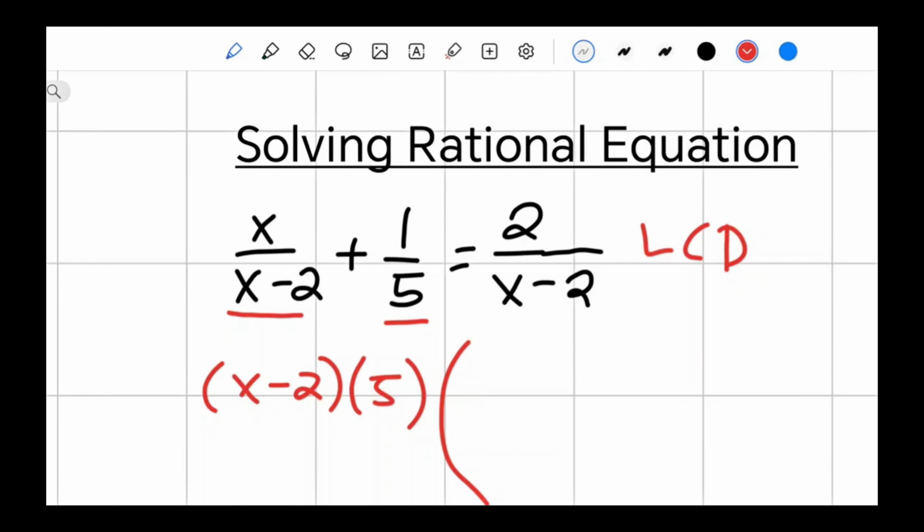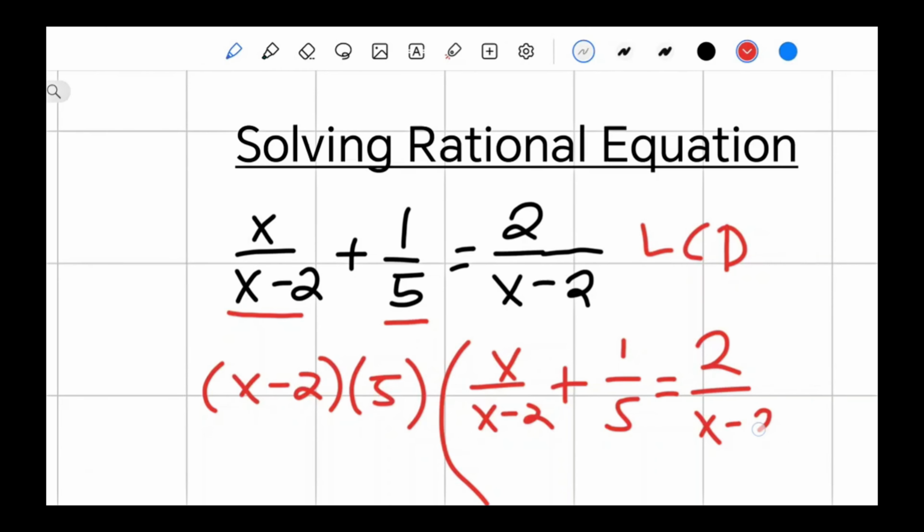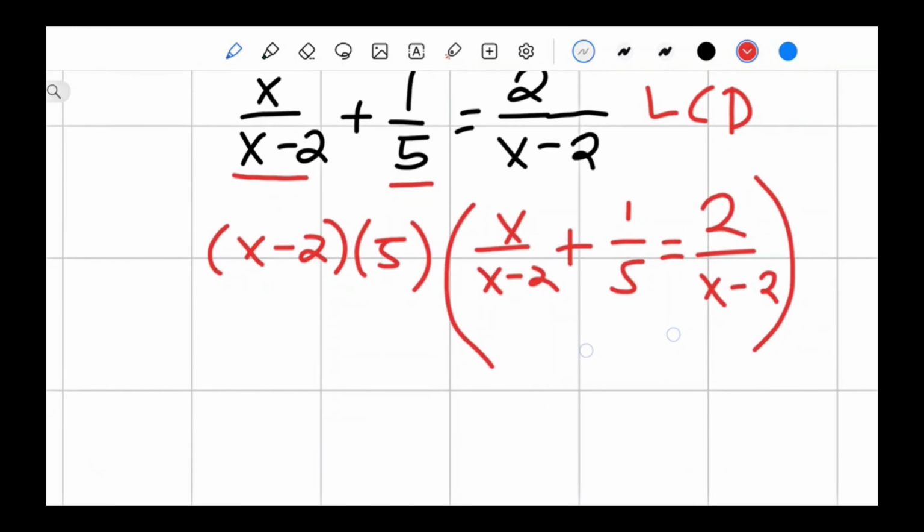We multiply the LCD, (x - 2) times 5, by the equation x/(x - 2) + 1/5 = 2/(x - 2).